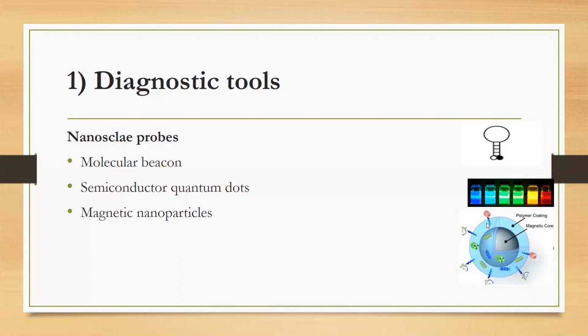If you look at this picture here, this is a magnetic nanoparticle. It has a magnetic core. For example, iron nanoparticle, cobalt nanoparticle, nickel nanoparticles. All of these are magnetic nanoparticles. It has a magnetic core, and outside the core, there are some functional groups.